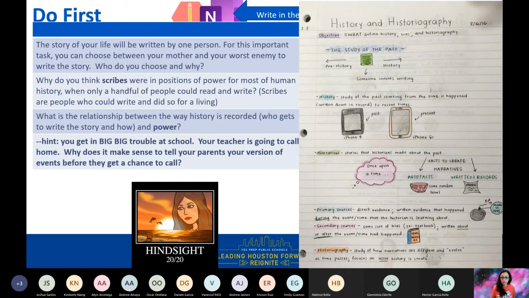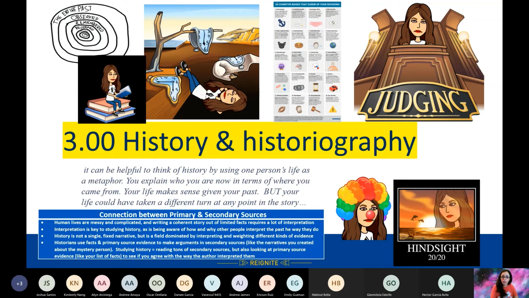People who leave sources that historians use are usually people with some sort of power to write the story that we're learning. That means that they hide some perspectives that we also need to be looking for. And the way we tell a story matters. And we don't all tell stories the same way. It's pretty clear to me that you guys have an intuitive understanding of how this works.